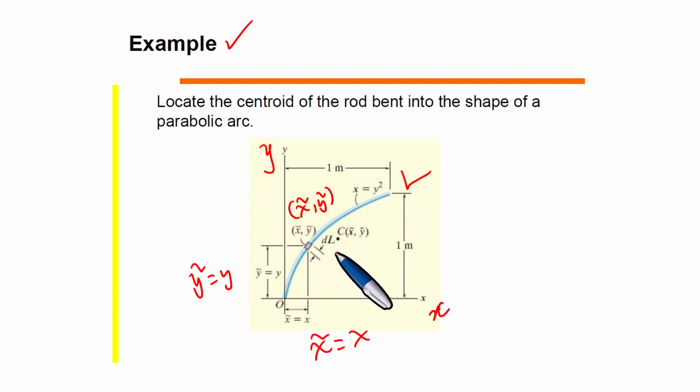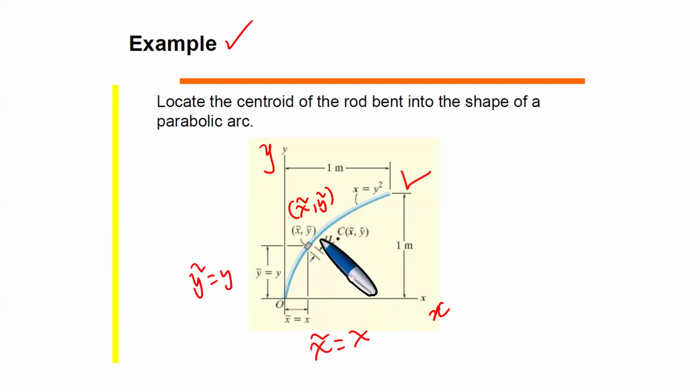If we say the position of this particle here would be x tilde, y tilde, the distance from here is x tilde, and the vertical distance from here to the actual height is y tilde. Its length, the length of this segment of the wire, is just dl.